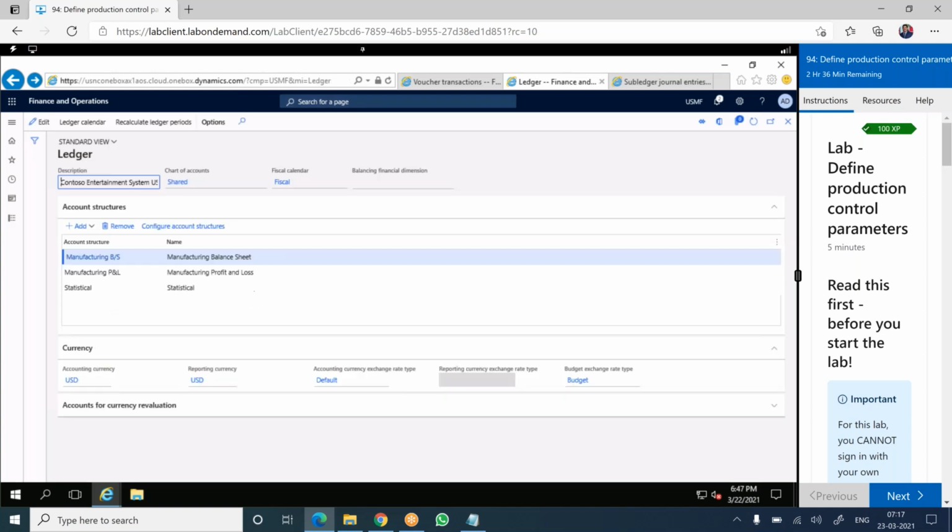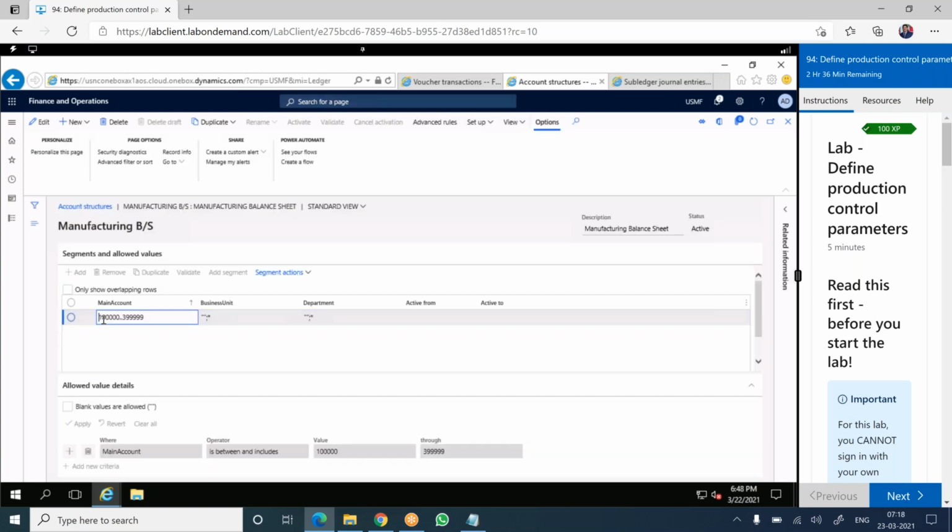In this you will find manufacturing BS, manufacturing PL, and then statistical. Manufacturing BS means, if I click here, from 1 series to 3 series, that means 1 lakh to 4 lakhs, it is business unit and department I have mapped.